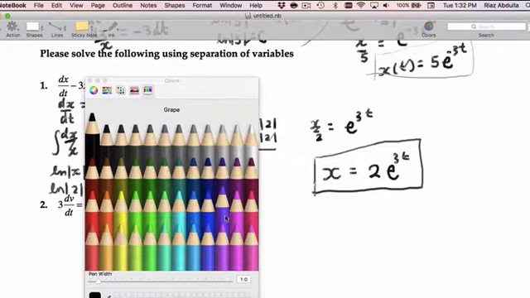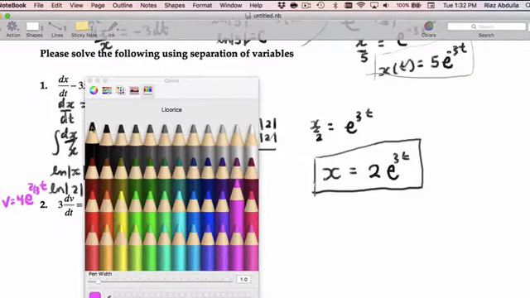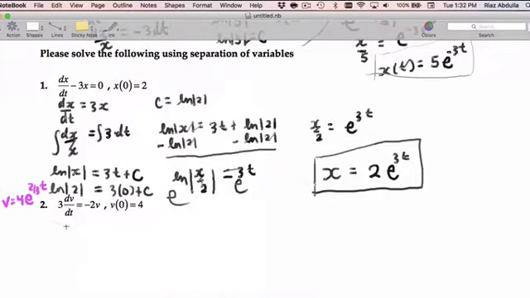So my guess is that when we do the calculus, we're going to get v equals 4e to the 2/3 times t. Let's go ahead and see. First, let's get dv dt isolated. So dv dt equals negative 2/3 times v.